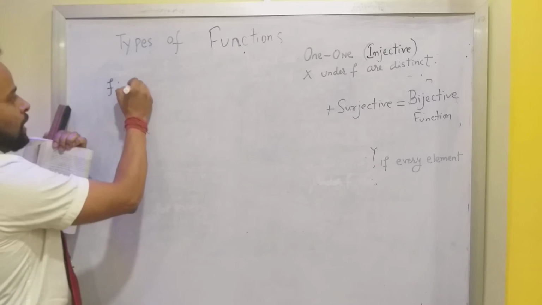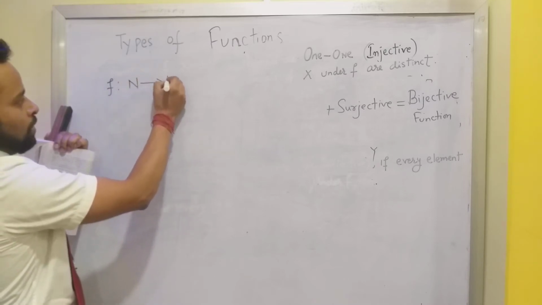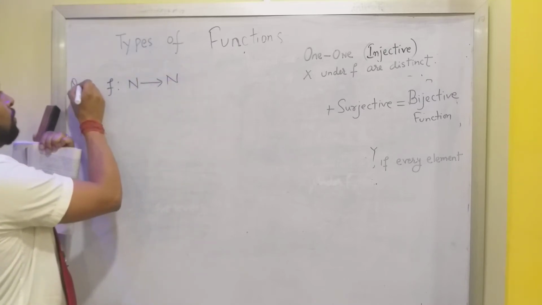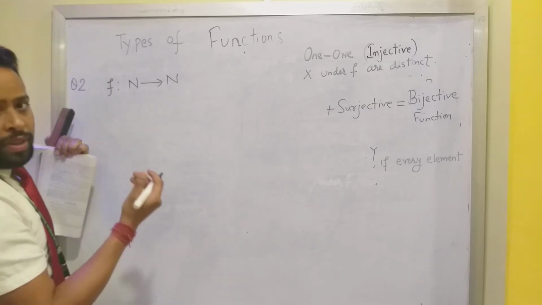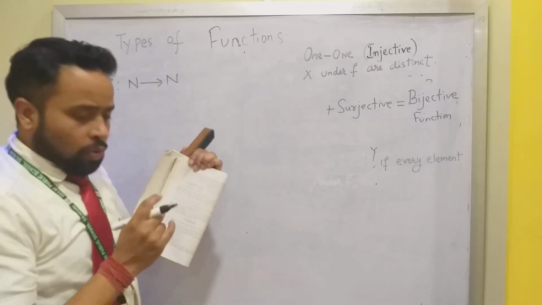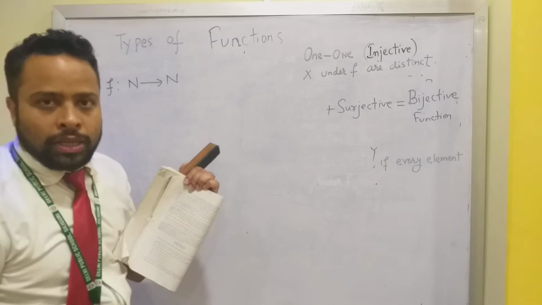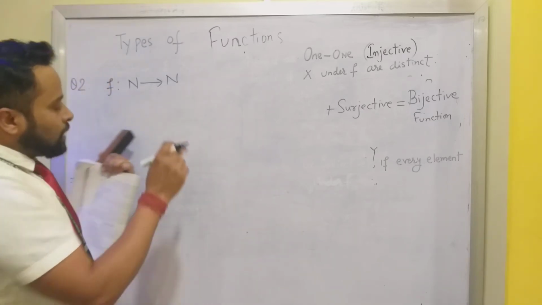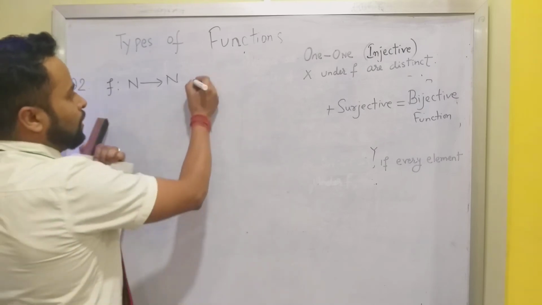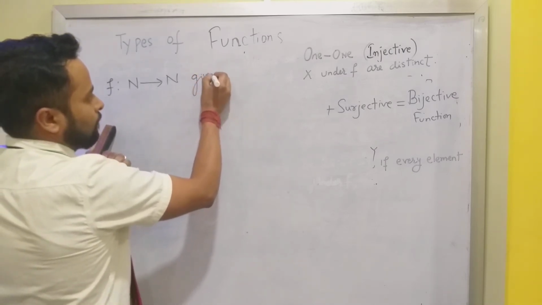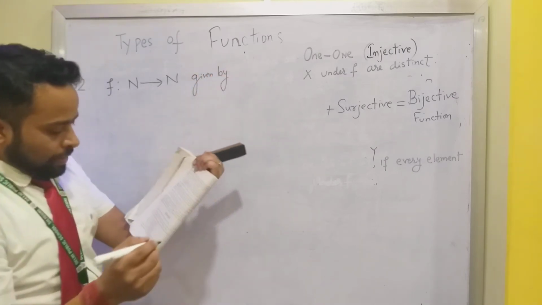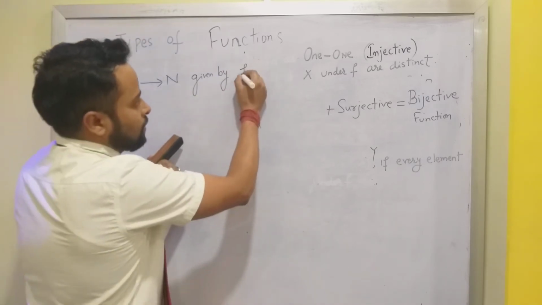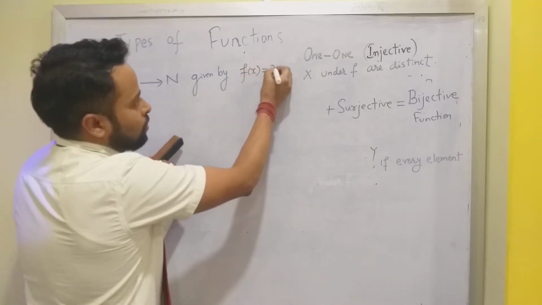f is such that natural number to natural number. It is question number 2. One was very easy, that's why I did not go for it. Once you understand question number 2, you can easily solve 1, 2, 3, 4, 5. f is from N to N given by f of x equals x square.